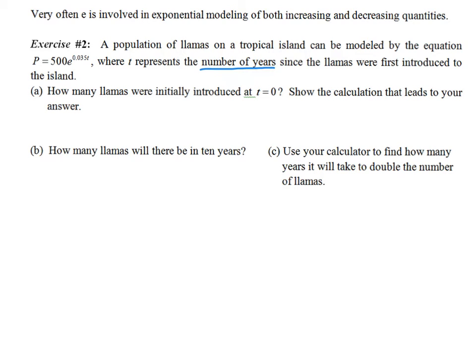We want to show the calculation for this, so let's not just put a number here, let's do the calculation. This one I don't even think requires our graphing calculator. We're going to say p is equal to 500 times e to the 0.035 times 0. Now, of course, that makes my exponent equal to 0, so I now have p is equal to 500 times e to the 0.